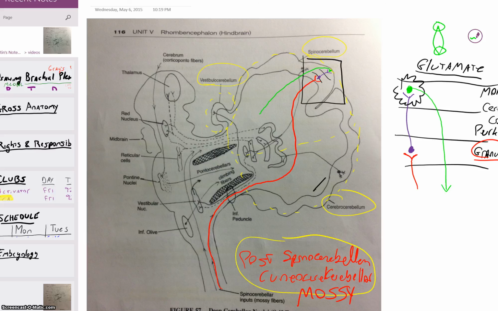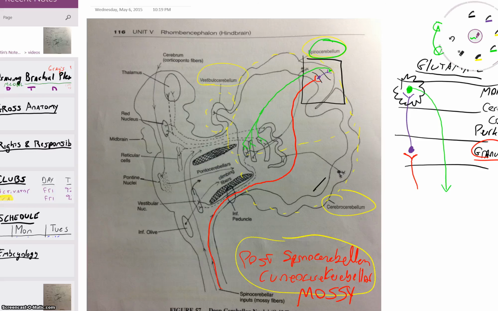Now from here, the spinocerebellum, if you go to your notes on page 113, you'll see that they have three options when spine Purkinje cells come from the spinocerebellum. They can either go to the fastigial deep cerebellar nucleus, the globose, or the emboliform. That's just the rules. That's just where the notes say they go.